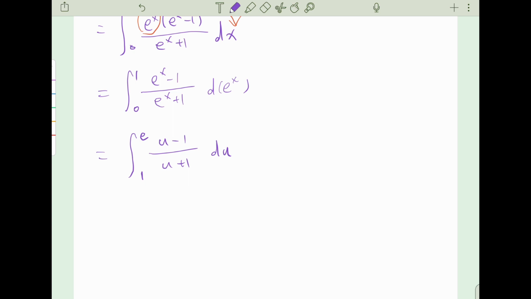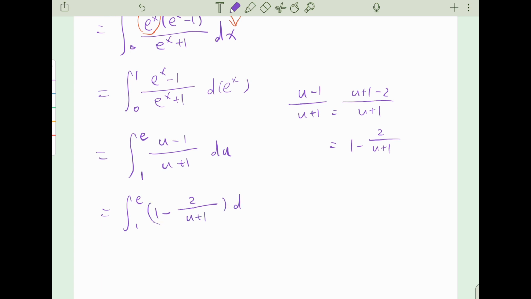So u minus 1 divided by u plus 1 can be written as u plus 1 minus 2 divided by u plus 1, which is 1 minus 2 divided by u plus 1. I replace this expression by 1 minus 2 divided by u plus 1.